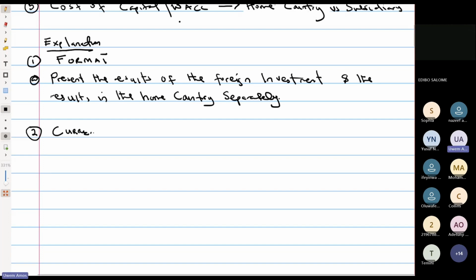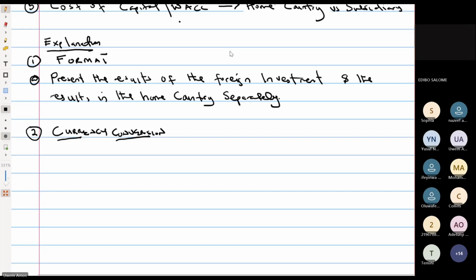So how do you convert from one currency to another? Now, the first thing you should know is how exchange rates are presented.